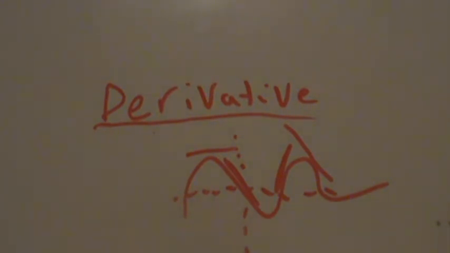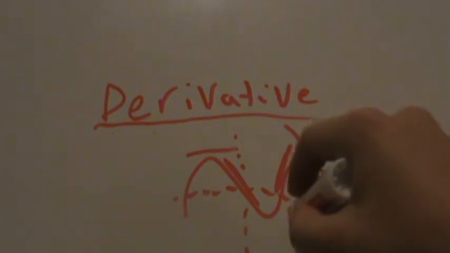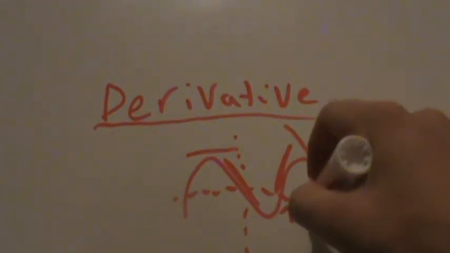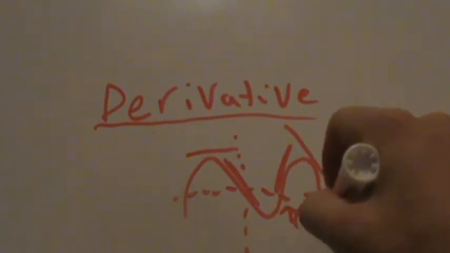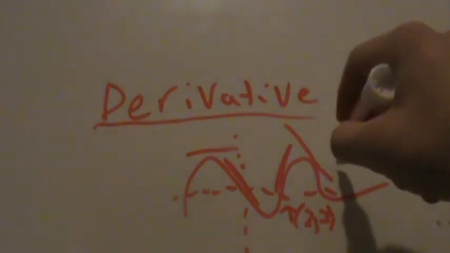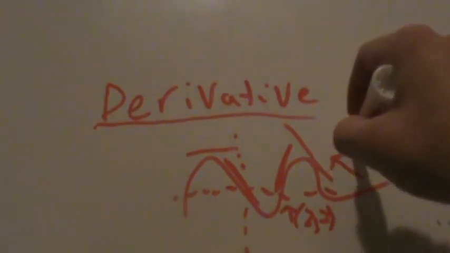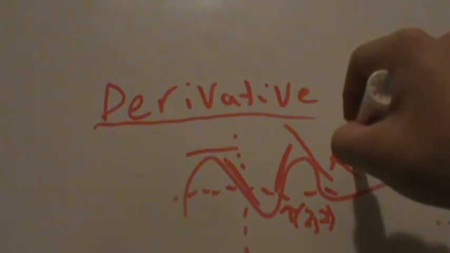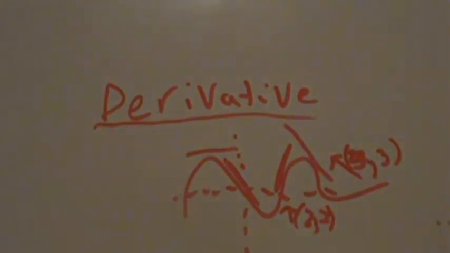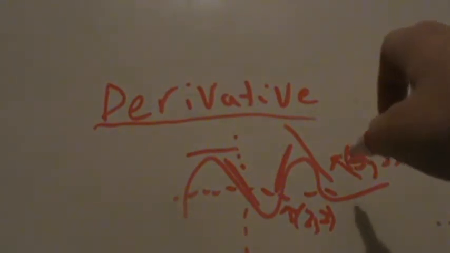Let's say here this is at 2, 3, and up here it is at 3, 3. If we found a derivative for this function, then we'd be able to calculate the instantaneous rate of change at these points.